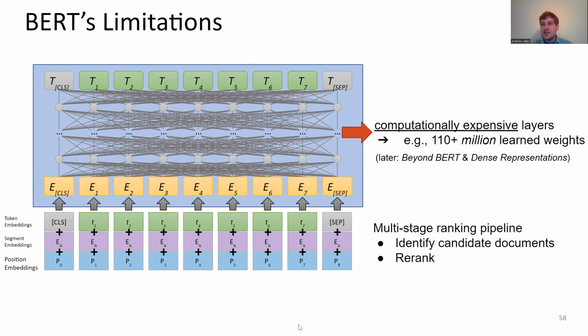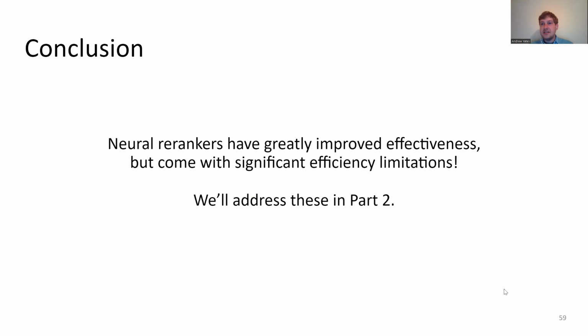So in this first part, what we've seen is how to address this efficiency problem using a multi-stage ranking pipeline. So identifying candidate documents and then re-ranking only those 1,000. It wouldn't even be possible to use this at all if we had to re-rank every document in the collection. But what we'll look at in the next lecture is how we can address these efficiency limitations.